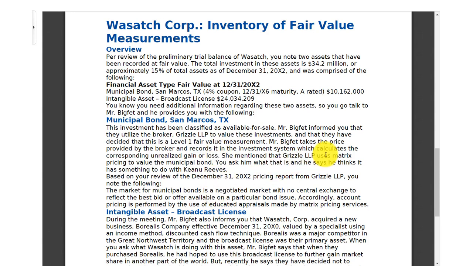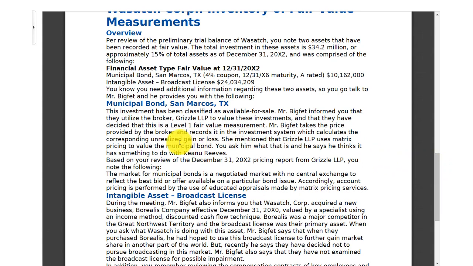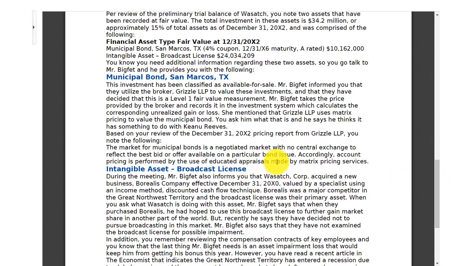That does not seem to be what's actually happening. Matrix pricing is from a negotiated market, no central exchange, best bid or offer available, use of educated appraisals made by these scenarios.